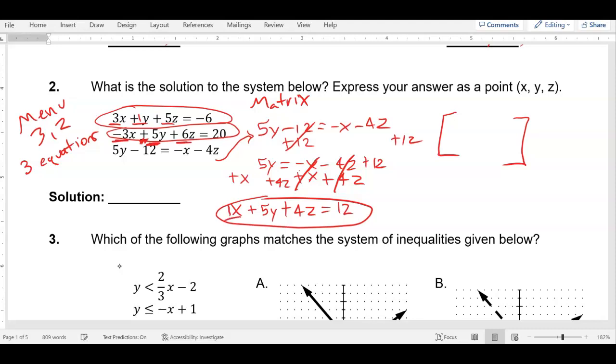I got 1, 5, and 4. So my matrix would be 3, 1, 5, -3, 5, 6, and then 1, 5, 4. If you remember, it's that 3 by 3 matrix inverse with a little -1 times the 3 by 1 constant matrix, which is going to be -6, 20, and 12.